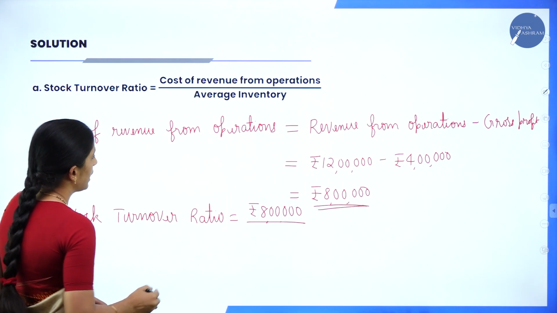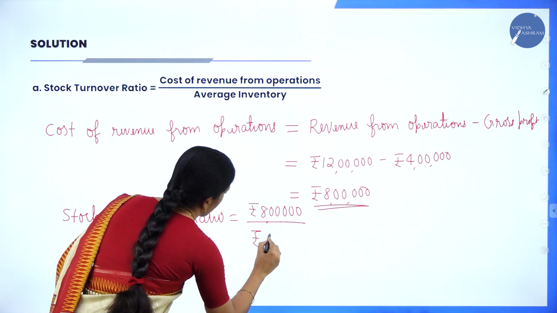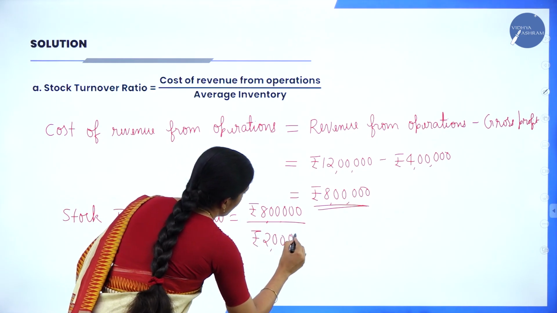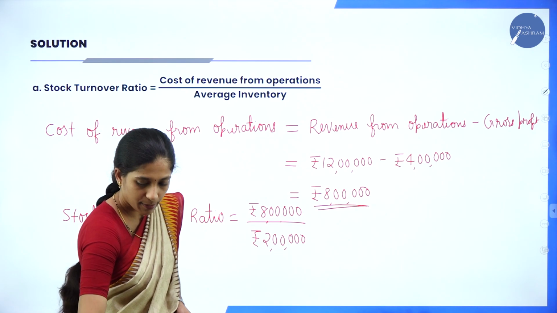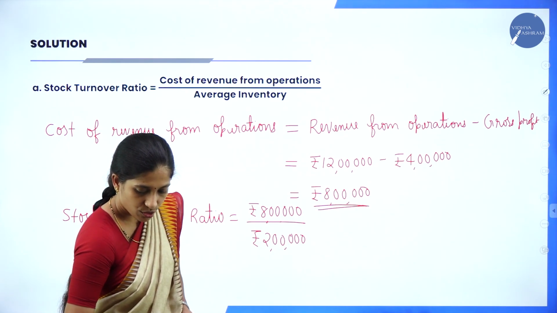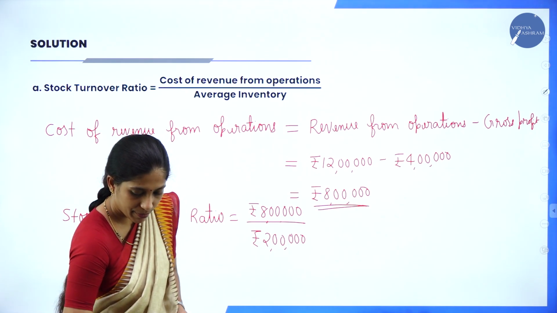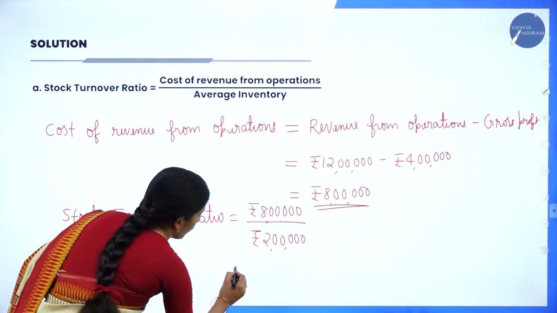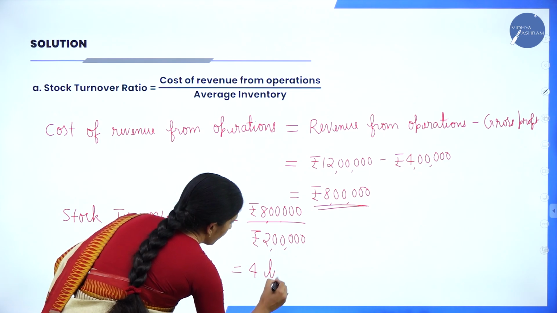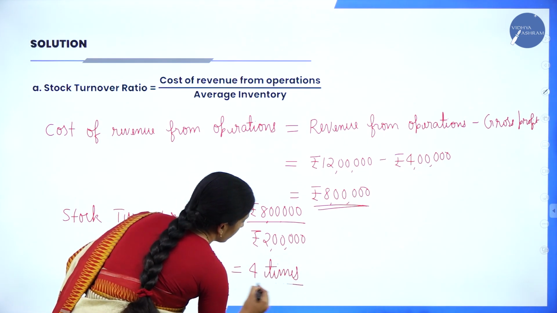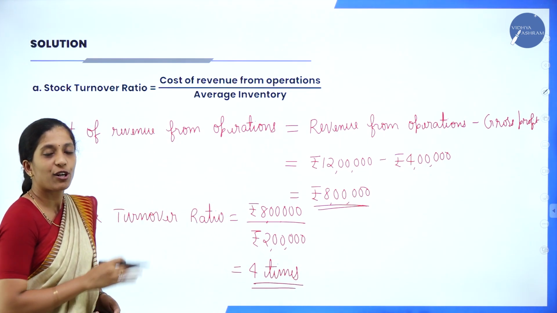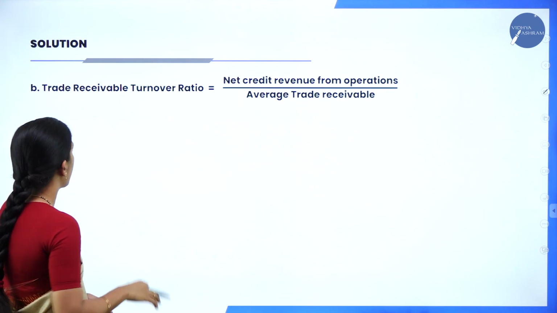So 8 lakh divided by 2 lakh. This is measured in terms of times. So that will be 4 times. Hope you are clear about stock turnover ratio. Moving on to the next one.